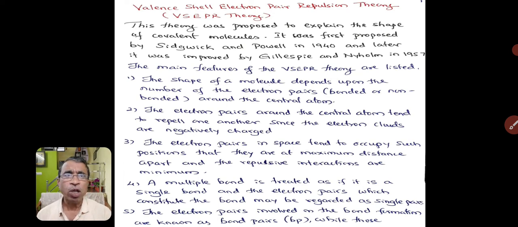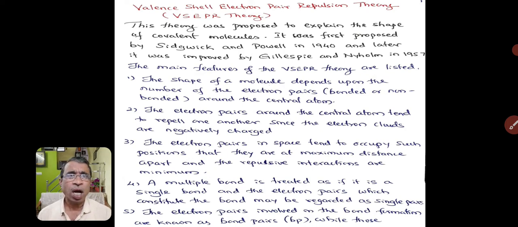The shape of a molecule depends upon the number of electron pairs, both bonded and non-bonded, around the central atom. I repeat, the shape of a molecule depends upon the number of electron pairs, bonded or non-bonded, around the central atom.